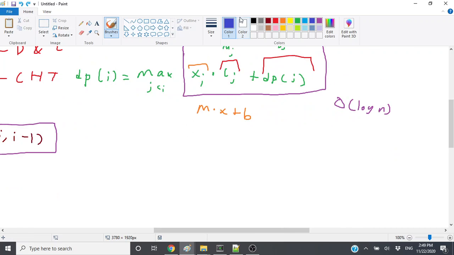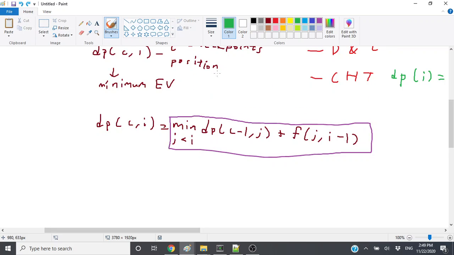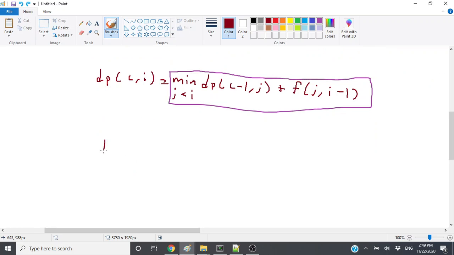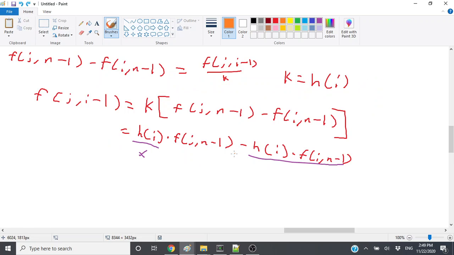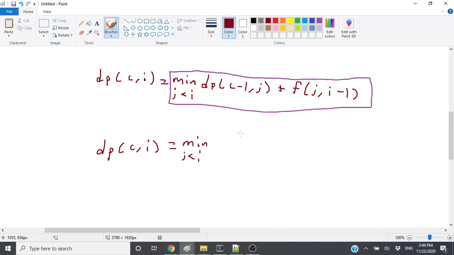So now we can copy this in. We can fix our recurrence to be this. dp of c, i is equal to the minimum over j being less than i of, I'm not going to put the brackets, h of i times f of j comma n minus 1.